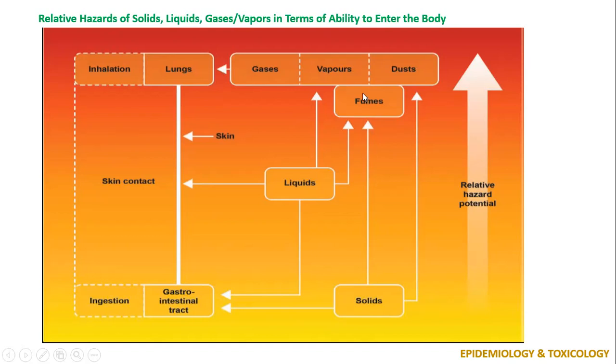Solid can also be in the form of fumes and can enter the lungs, and the liquid can directly go to the gastrointestinal tract through ingestion. Solids can also go to the gastrointestinal tract through ingestion. So this diagram is self-explanatory.